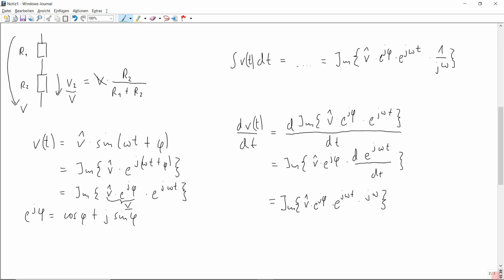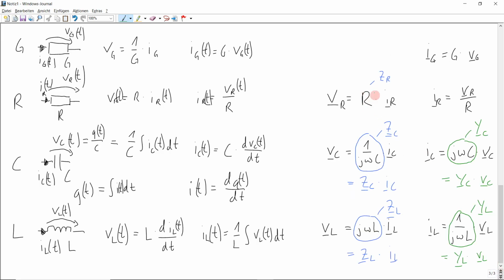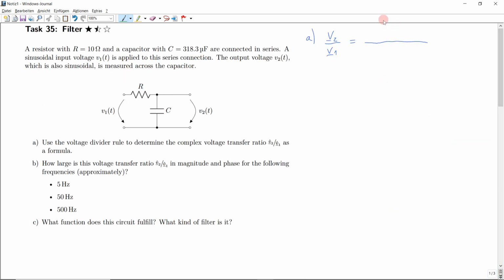But instead of resistance, we just use impedance. And so as discussed and mentioned before: partial voltage, partial impedance, total voltage, total impedance. So the partial impedance is the impedance of the capacitor, and the total impedance is the impedance of the resistor plus the impedance of the capacitor. Very simple.